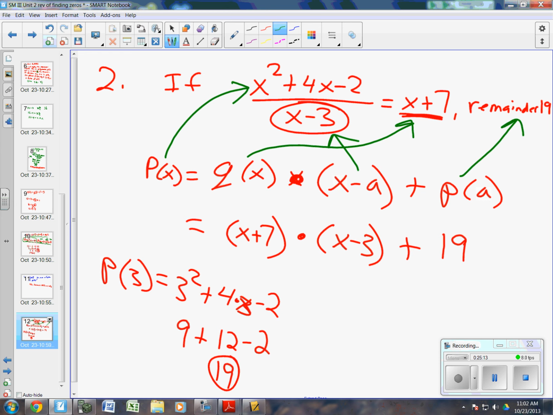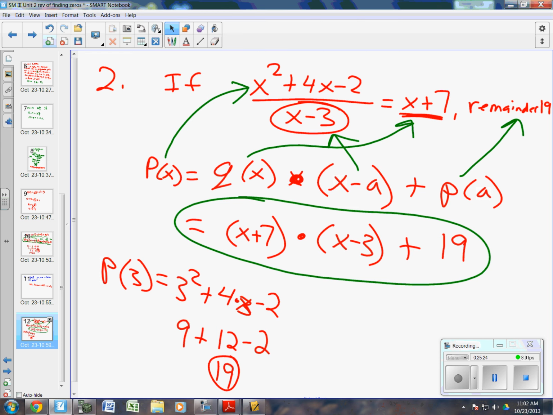Okay? Now, how do we solve? All it asks you to do is rewrite it. This is my answer right here, you guys. If you divide a polynomial by a factor, you get x plus 7, remainder 19.